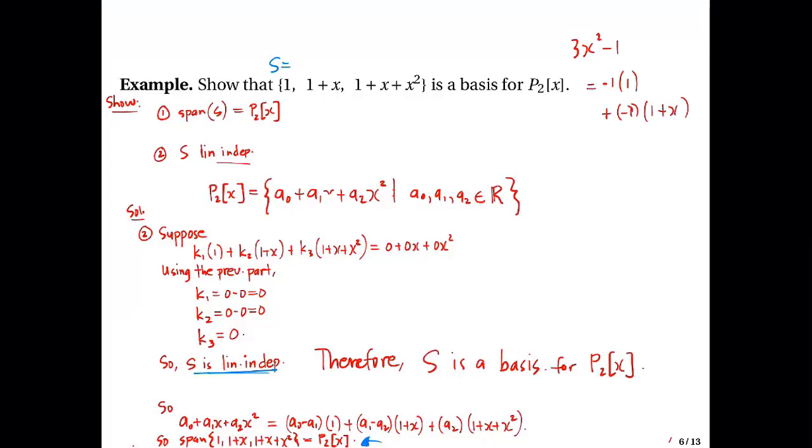Yeah, I think it's negative 3. And then plus 3 times 1 plus x squared. So this 3x squared minus 1 can only be written this way using these elements: 1, 1 plus x, 1 plus x squared.